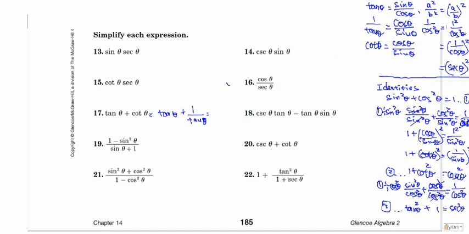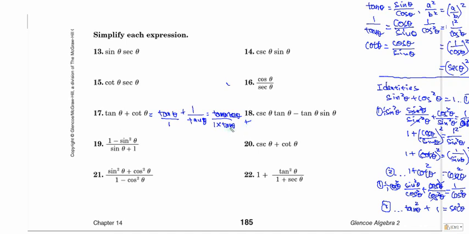Maybe I should explain it in a bit more detail. Let's make this tangent theta. Originally this is over 1. So if I multiply tangent theta over 1 times tangent theta, here also times tangent theta.